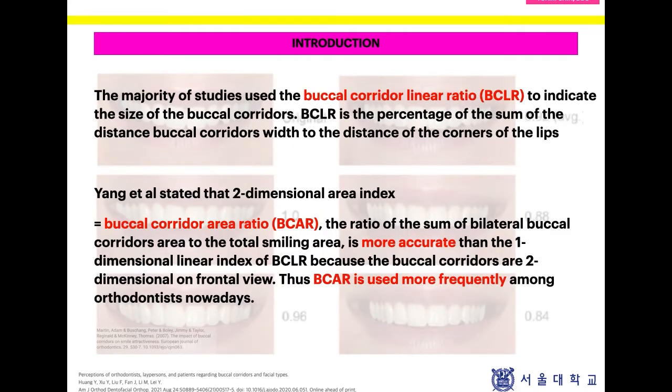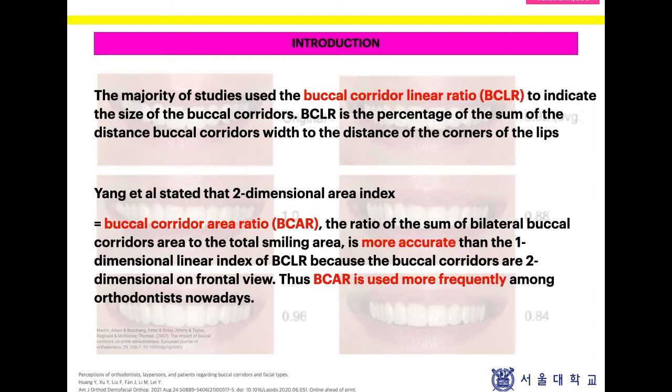The majority of the study used the buccal corridor linear ratio, which is BCLR, to indicate the size of the buccal corridors. BCLR is the percentage of the sum of the distance of the buccal corridor width to the distance of the corner of the lips.